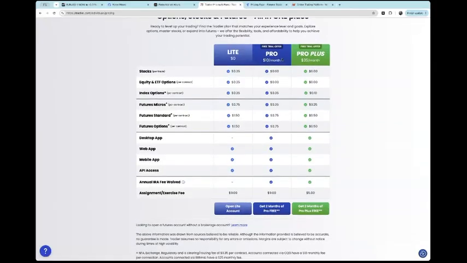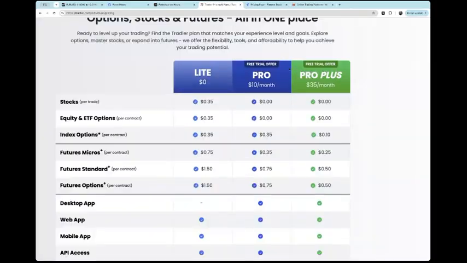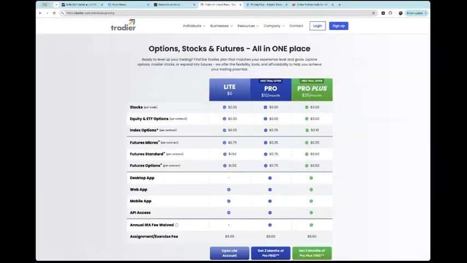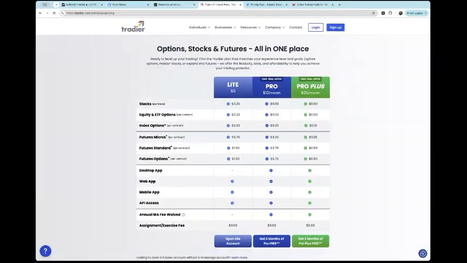If you pay $10 in a month, I'm just going through multiple broker platforms right now. For futures micro, you pay 0.35 cents, futures standard 0.75 cents, and this is the brokerage you are paying if you pay $10 in a month.